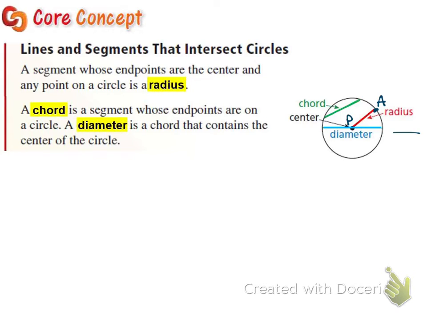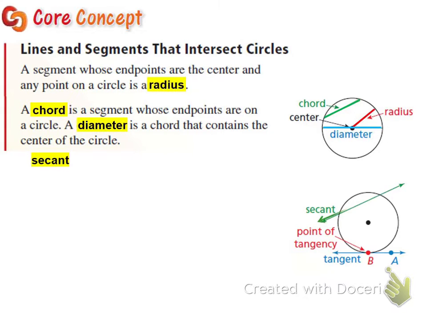A line above it, does that have any arrows? No. And then what goes under it? Yeah, PA. So whenever you're naming any of these, a chord, a radius, or a diameter, you'll name it like a segment with just a straight line above it. The next circle, we have lines. Okay, the first one is a secant. So go ahead and label a secant.